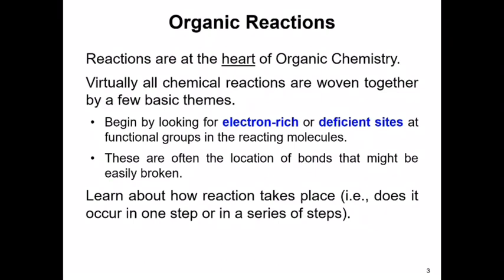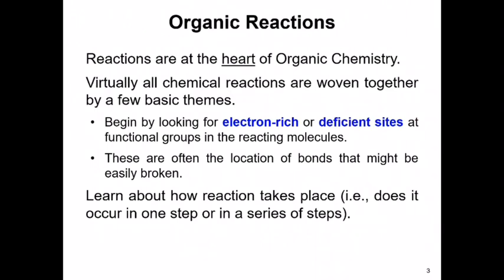So in a lot of organic chemical reactions, we always begin by searching for electron-rich sites. And these electron-rich sites are the functional groups. Remember, the functional groups are the reactive sites. These functional groups are considered reactive because they contain heteroatoms that are surrounded by lone pairs of electrons. And these lone pairs of electrons can participate in organic chemical reactions.